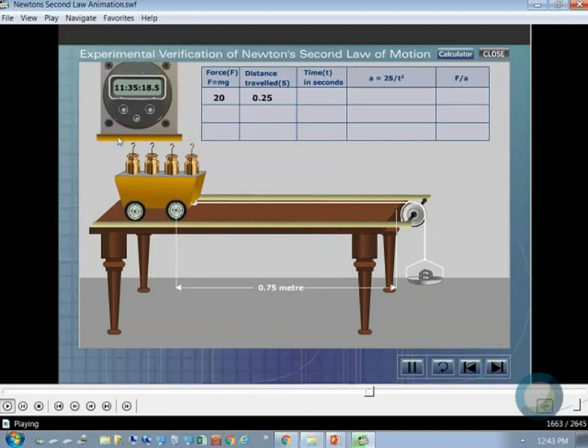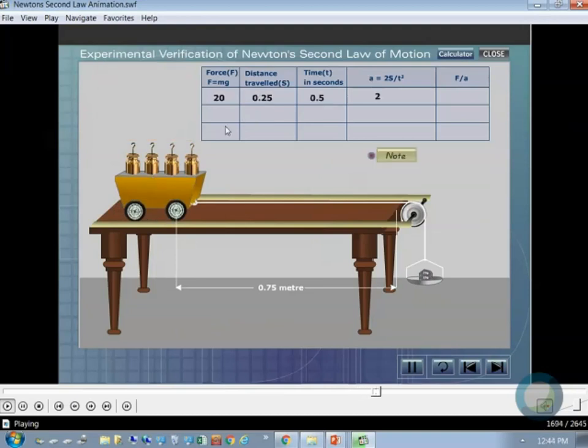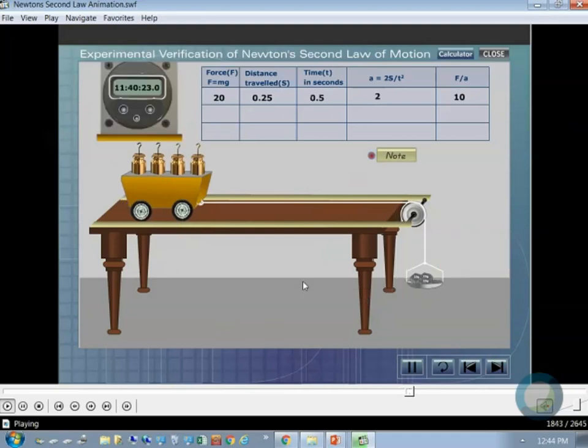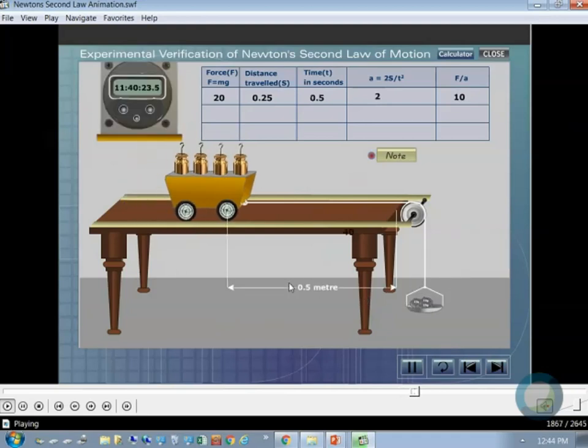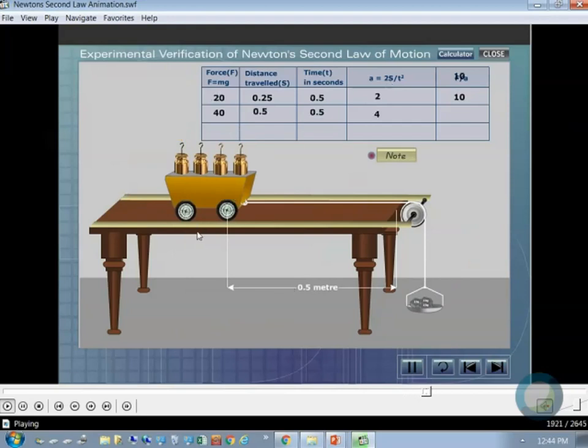We can record with the timer the time taken and the distance traveled. If we put more weight on the pan, we can see the trolley moving. In this way, we can record the distance traveled by the trolley and the time taken, and complete the table.